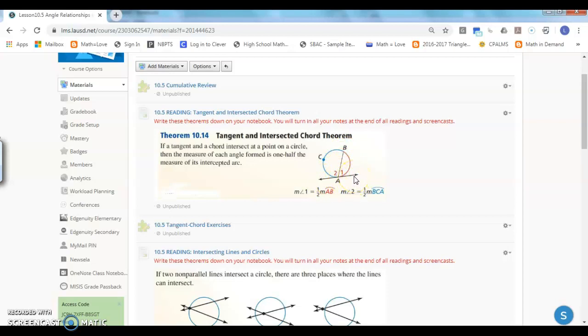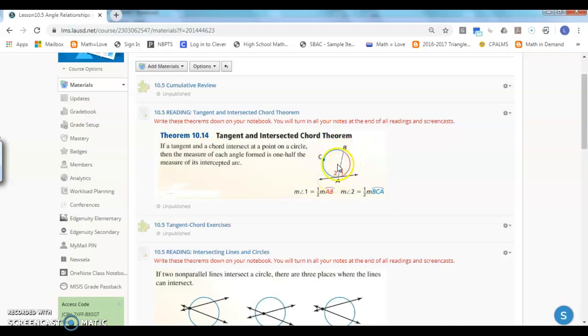The measure that is being referred to in the theorem is either angle 1, which is formed by chord BA and the tangent line at A, or angle 2, which is formed by chord BA and intercepting the blue arc, which is BCA.